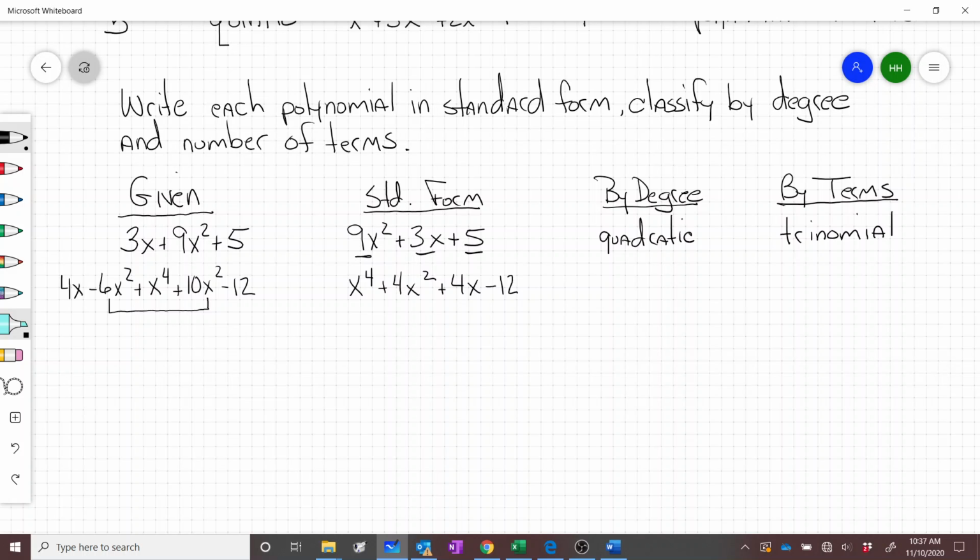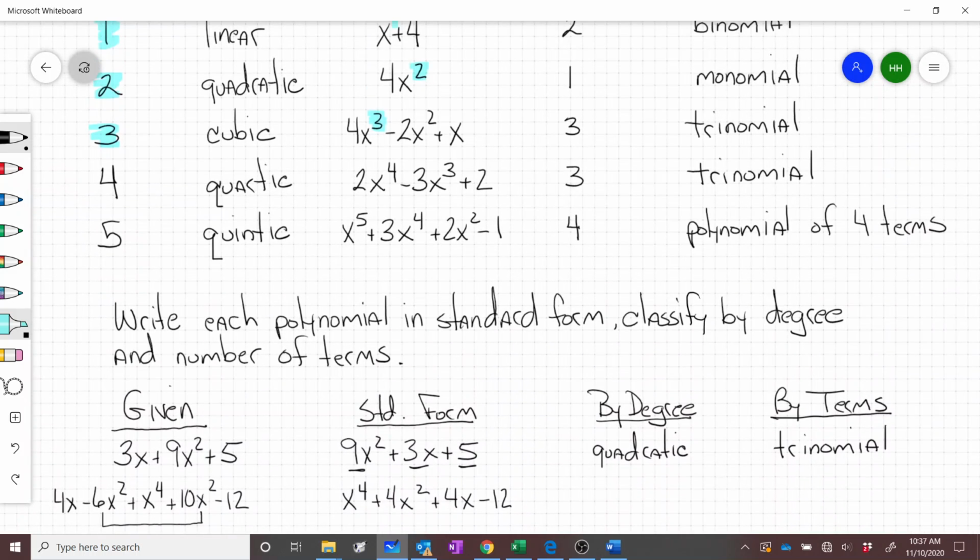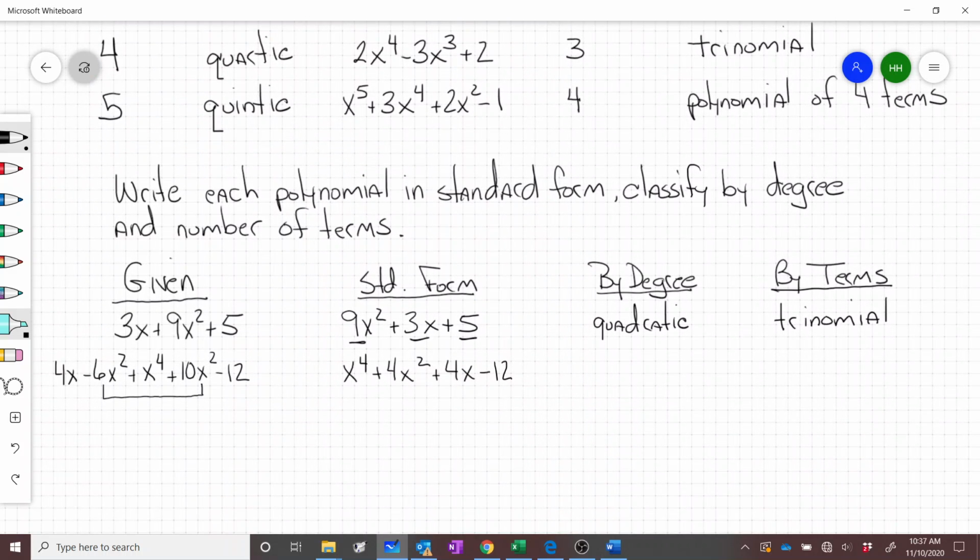So when we classify this by degree, our highest exponent is 4. So that's quartic. And we've got 1, 2, 3, 4 terms, so this is a polynomial of 4 terms.